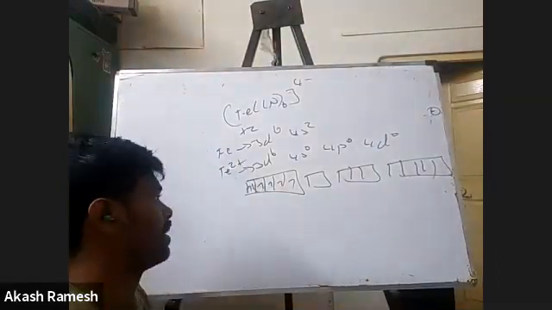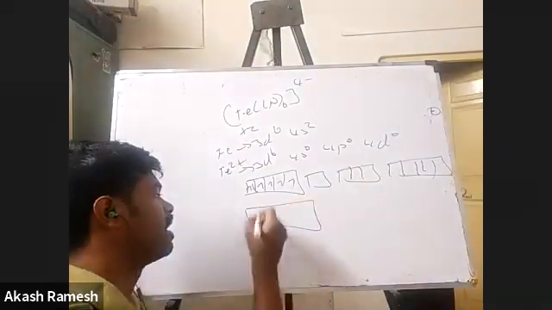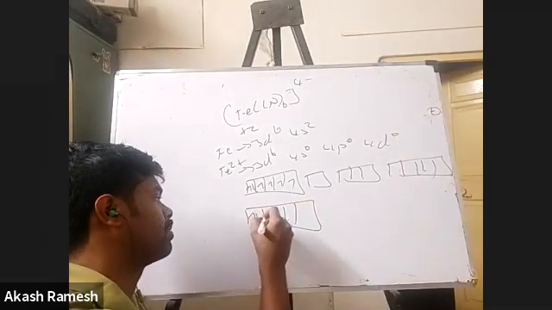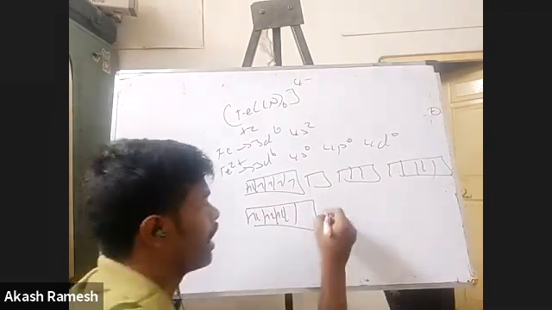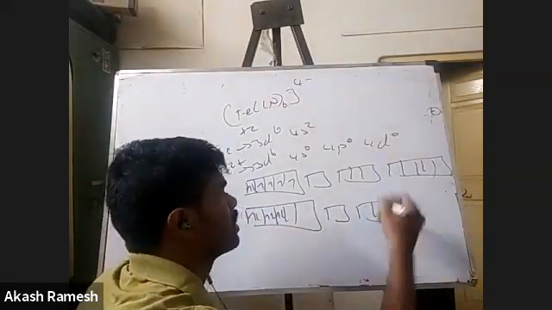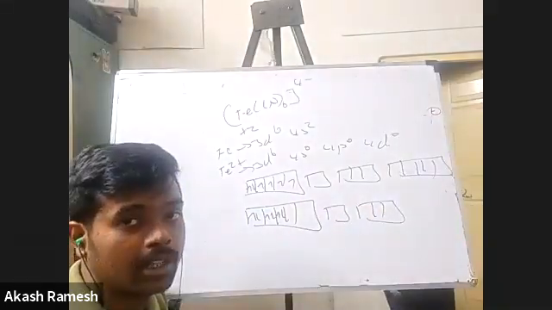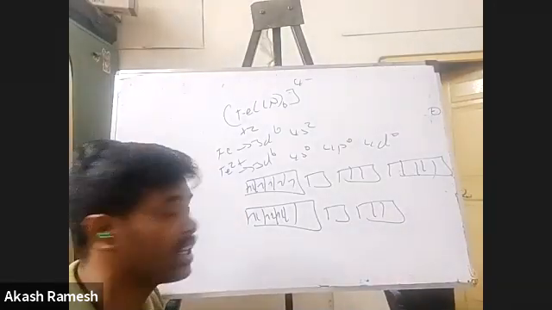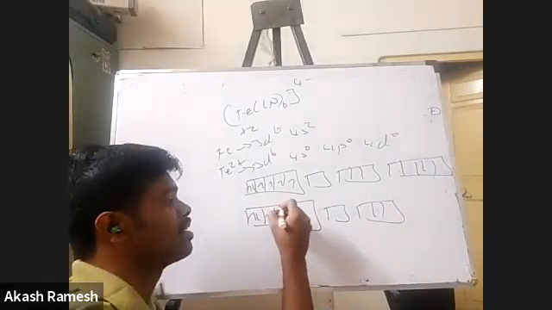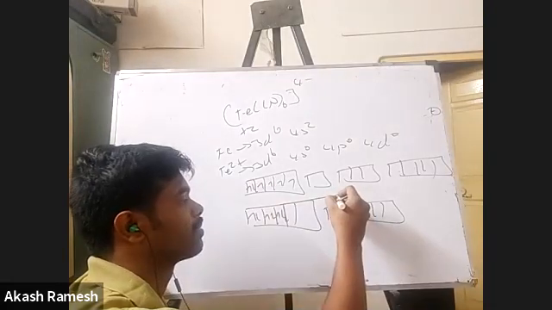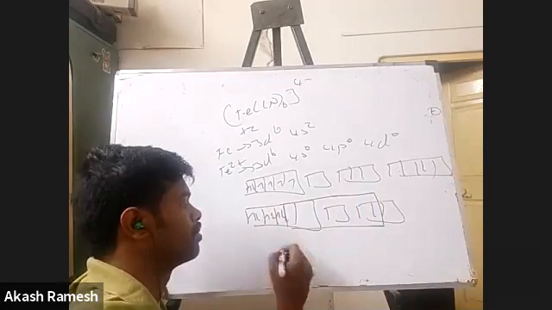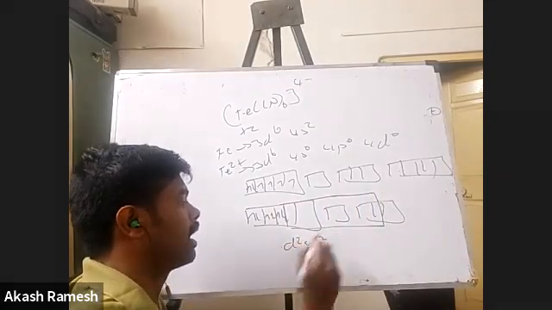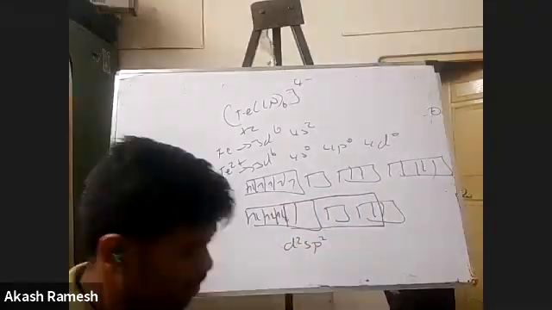So pairing will happen. If pairing happens, it is going to be something like this: 1 2 3 4 5 6. And then I don't need the d orbitals for d. So you see there's d1, d2, s, p1, p2, p3. So it's going to be d2sp3. I'm sorry, I should take sp3.